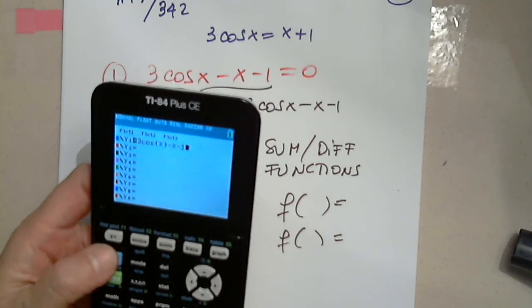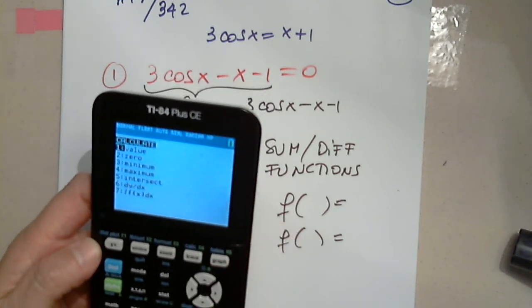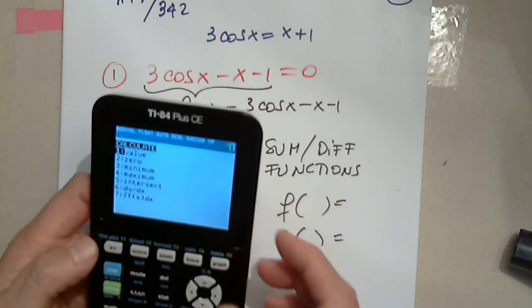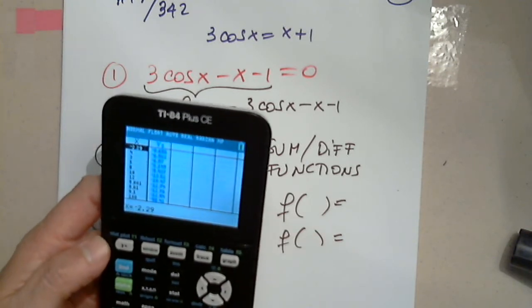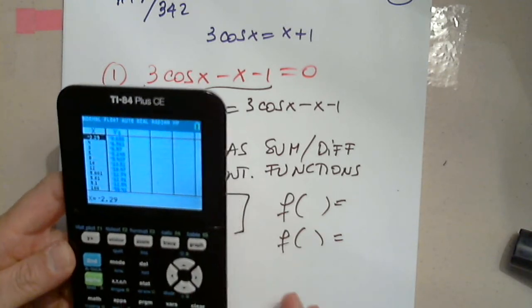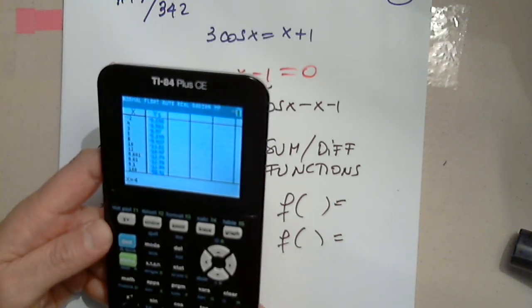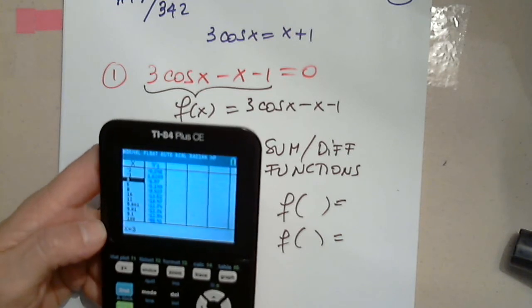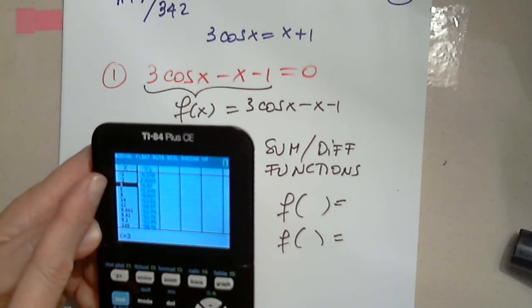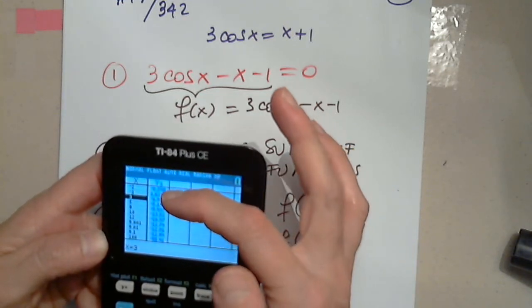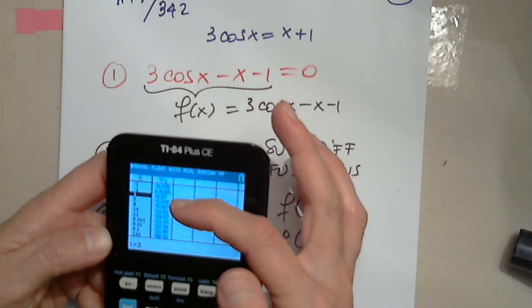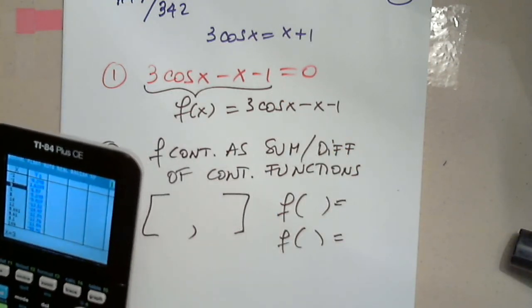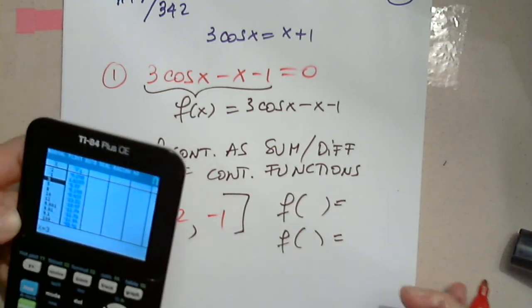After I enter the function, go to second and table. And just punch in some numbers. I'm going to start with, I don't know, -2, -1. I found a solution. There is a solution between -2 and -1. At -2 is negative and -1 is positive. So I will say between -2 and -1.